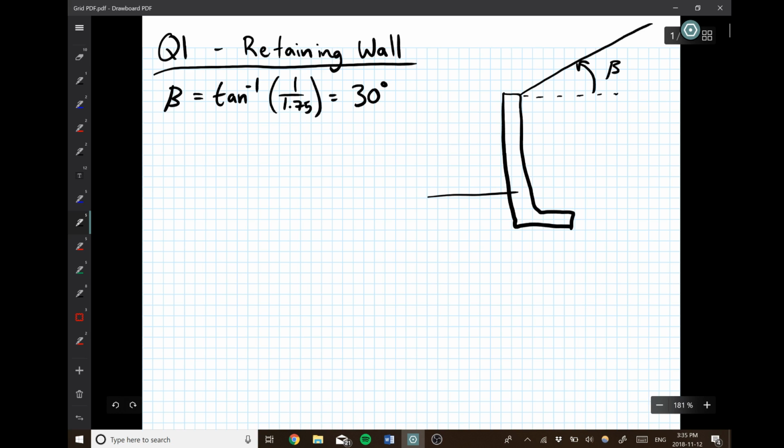Now, because we have this slope, we use our big long equation for active earth pressure.